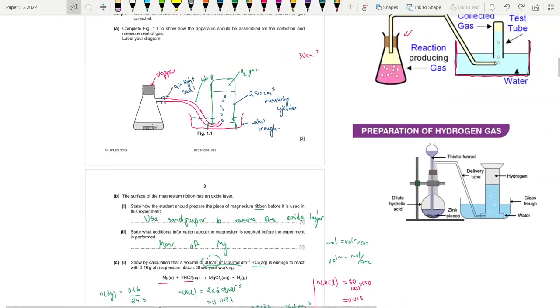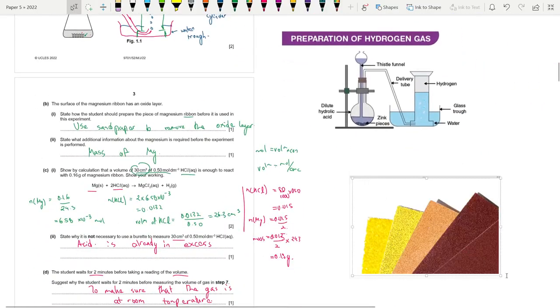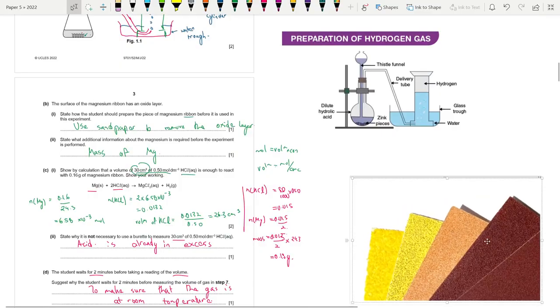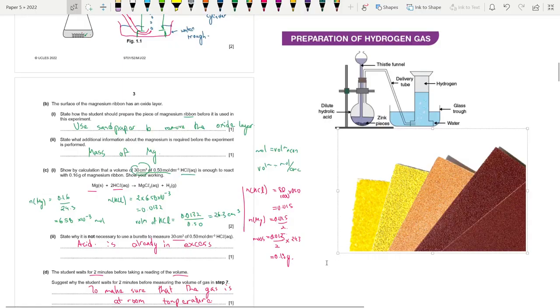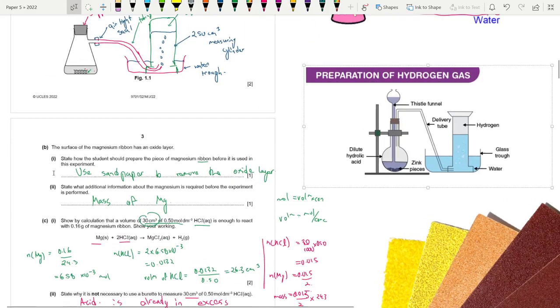If you use this to rub the magnesium ribbon, we can get rid of the oxide layer. That's sandpaper. It's just rough.